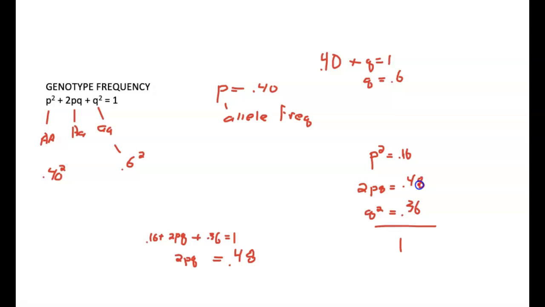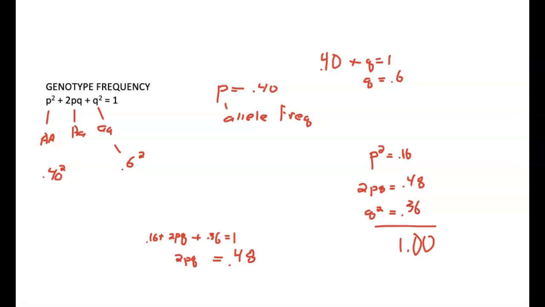Okay, so if you add all three of those up, 0.16, 0.48, 0.36, you get 1. So now we know the frequency of each genotype within the population. So we can work all of this from the original starting point of just knowing how many recessive individuals are in your population.